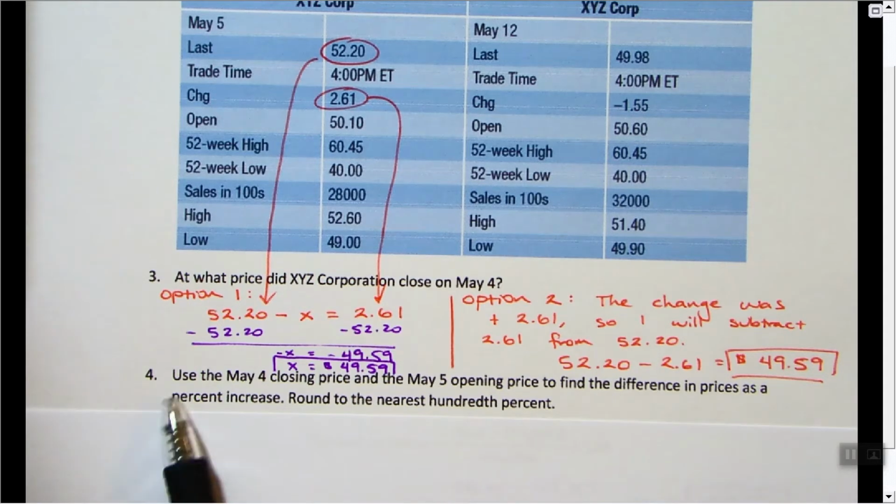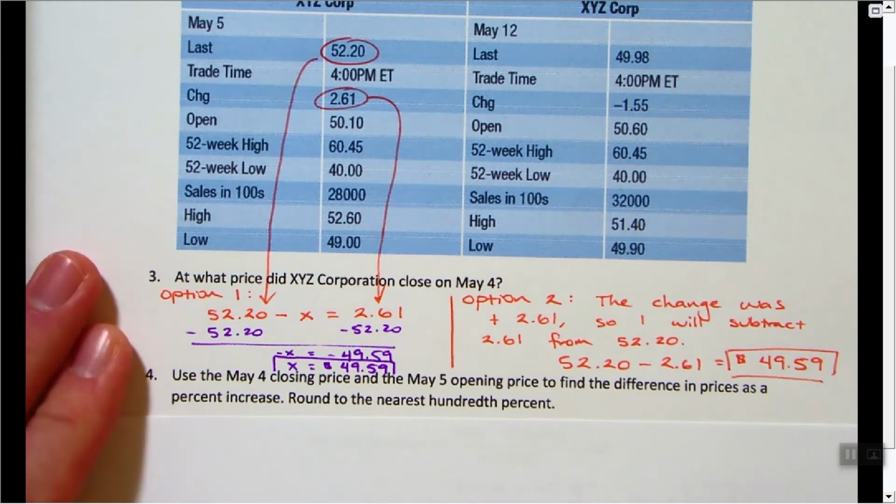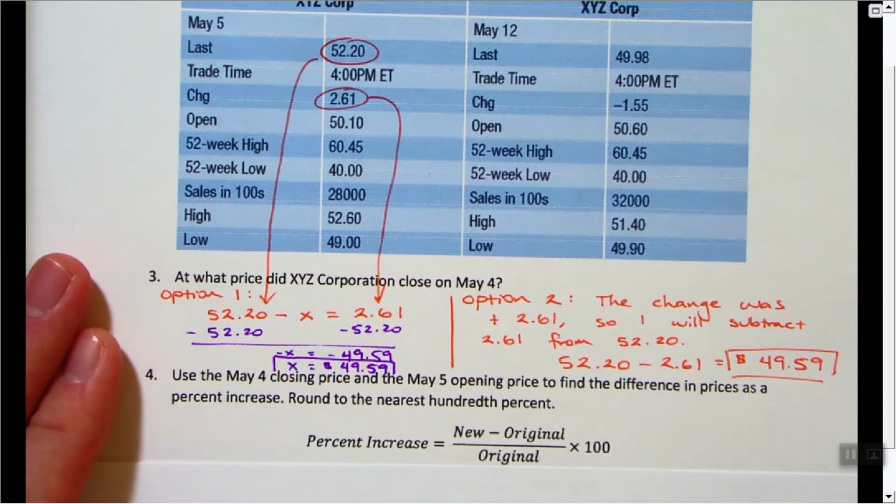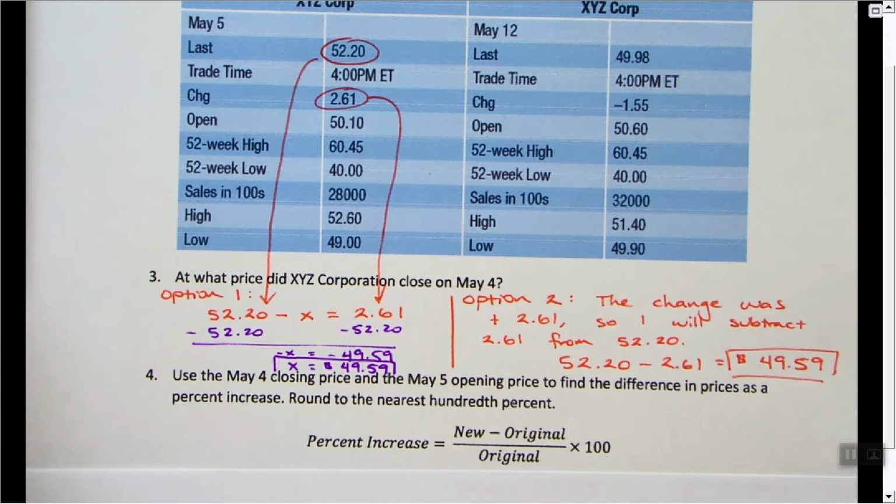Now, the idea of a percent increase is a new one for us, okay? And the formula for that is this right here. So in general, percent increase is the new price, minus the original price, divided by the original. That'll give you a percent increase, but it's a percent, so times 100.